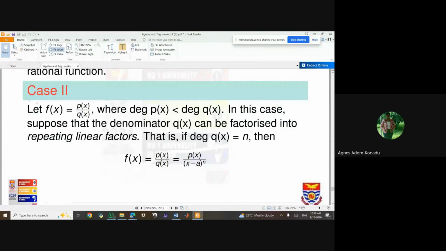So the case 2, we are done with the case 1. In case 2, we have to make sure that the degree of P of x is less than the degree of Q of x. Now, in this case, suppose that the denominator can be factorized into repeating linear factors. So here we can find the factors to be repeated, like this, x minus a to the power n, or maybe to the power 2 or something.